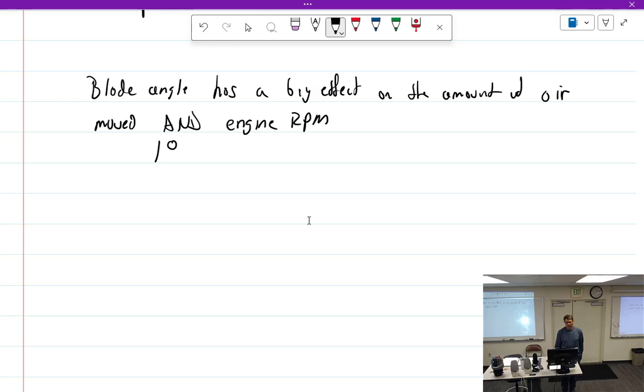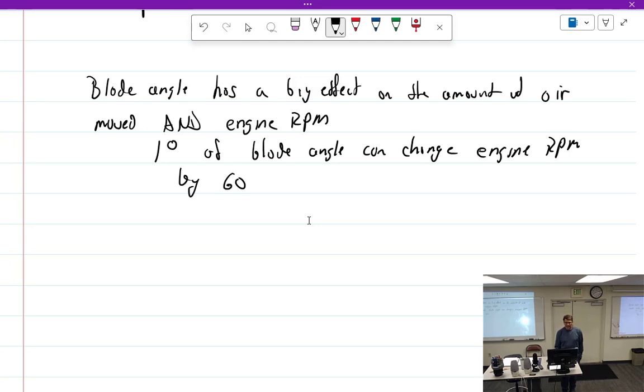One degree of blade angle can change engine RPM by 60 to 90 RPMs.